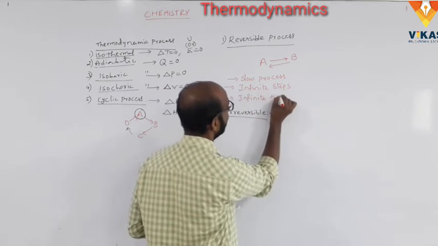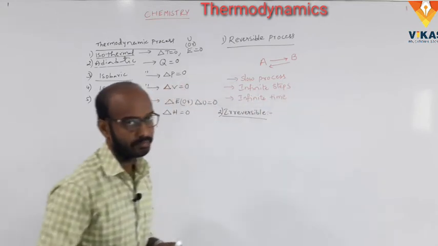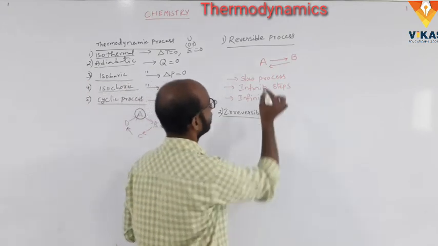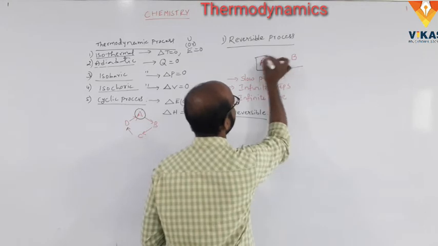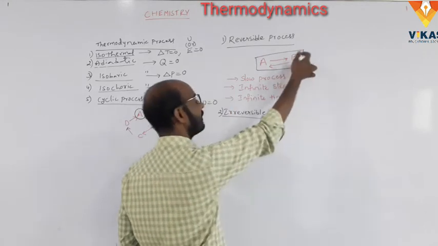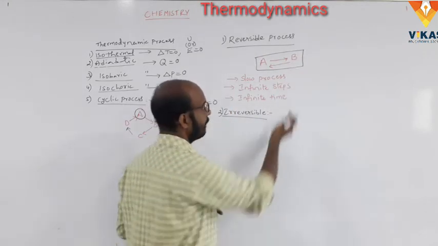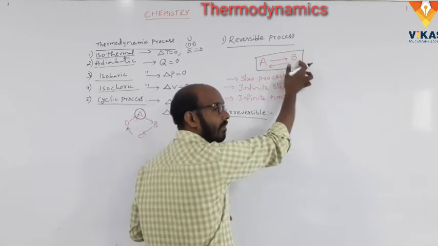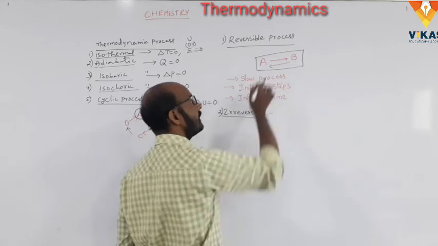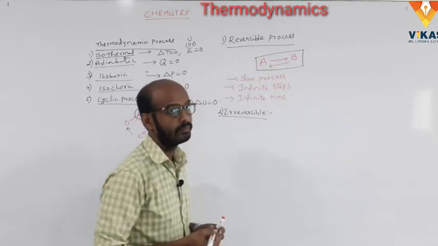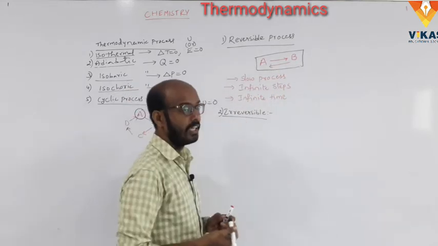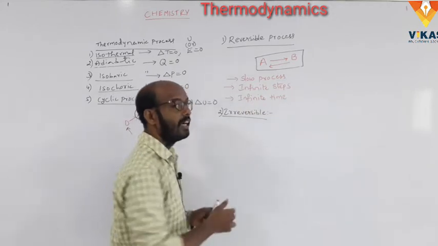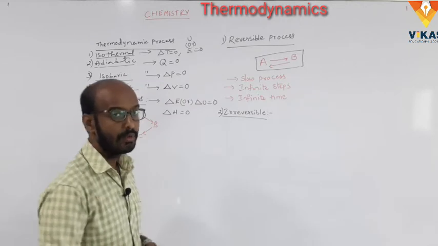Reversible process means A is converted to B in one step, and B is converted back to A in a second step. That is called reversible. It is a slow process. It involves infinite steps, and the total procedure takes place in the presence of infinite time. That is the reversible process.